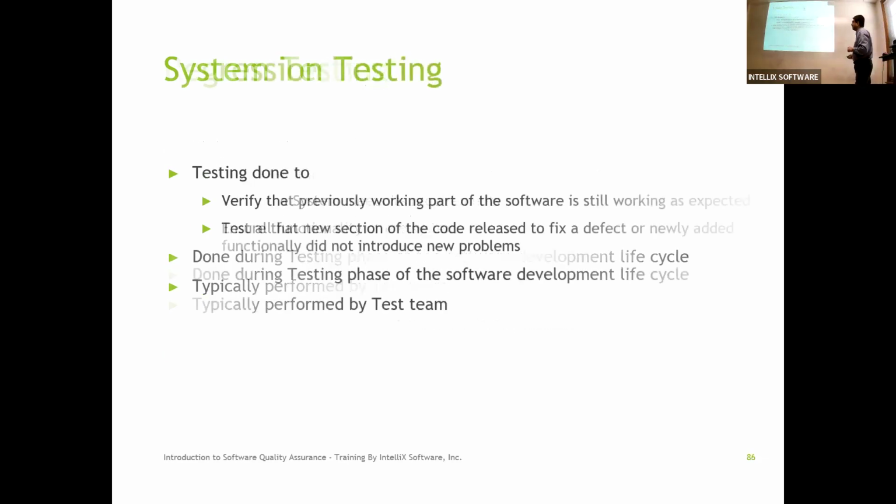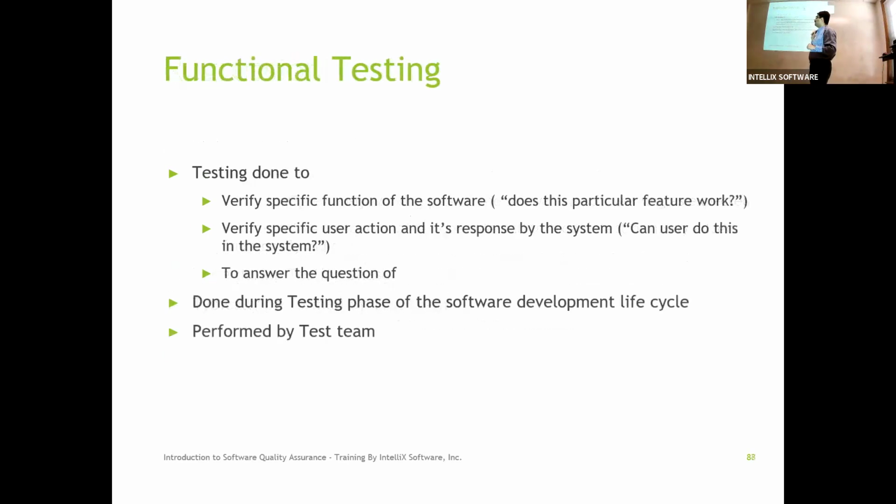Then you talk about functional versus non-functional testing. Functional testing covers the features or capabilities of the system. For example, is the managed dealer working? Is my credit application working? All of those are functions of the system.